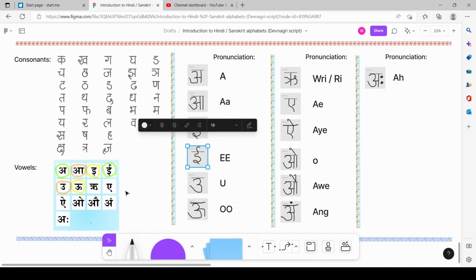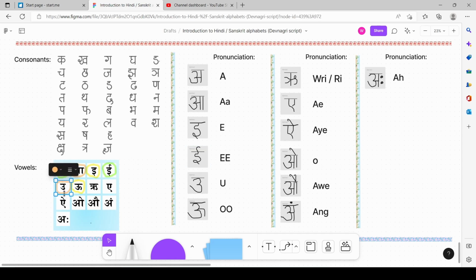Next is U. Next is U. There's a bit of difference, notice here. U and U.